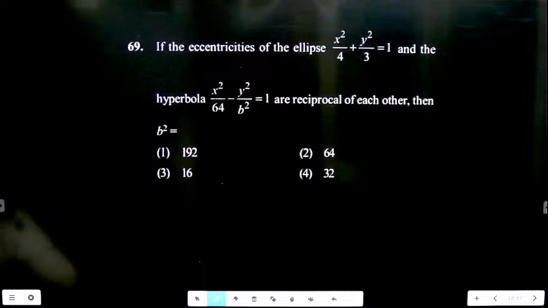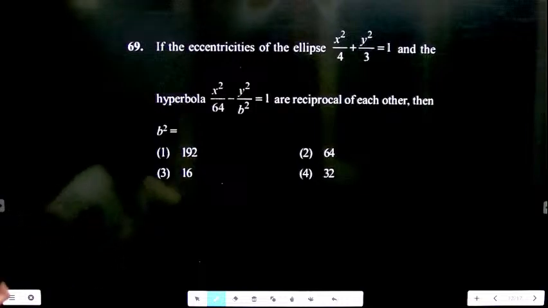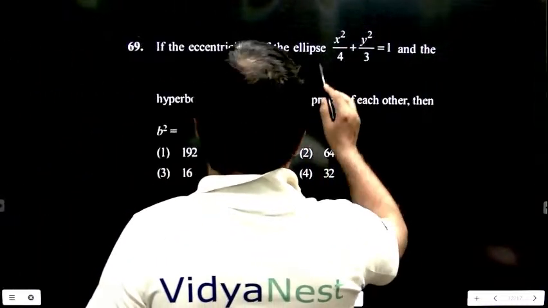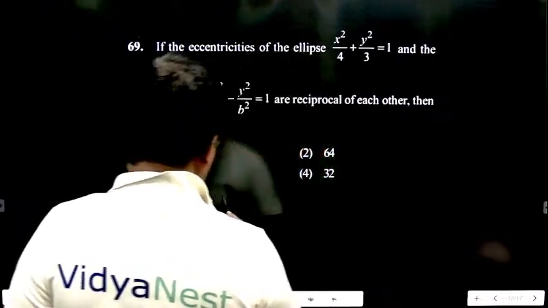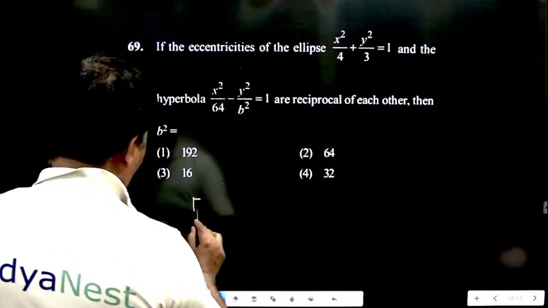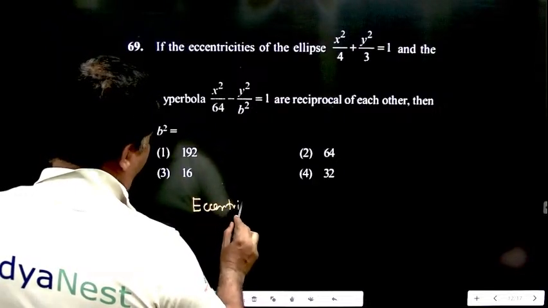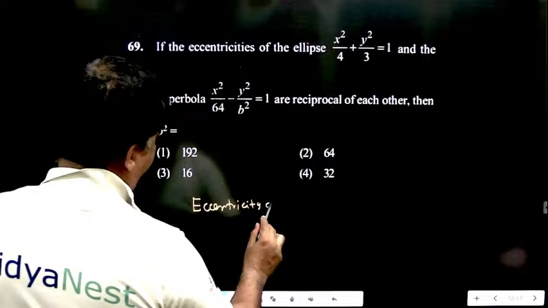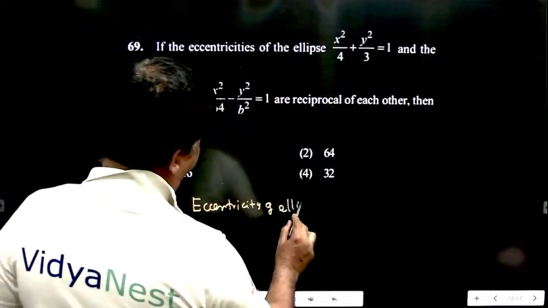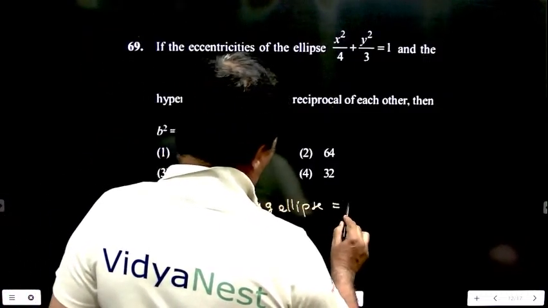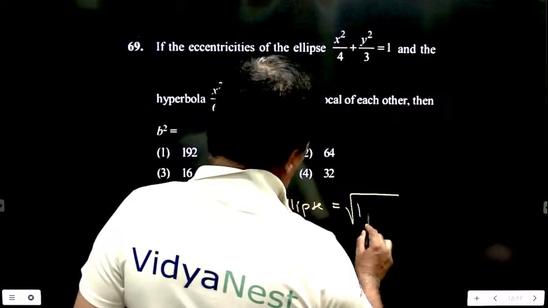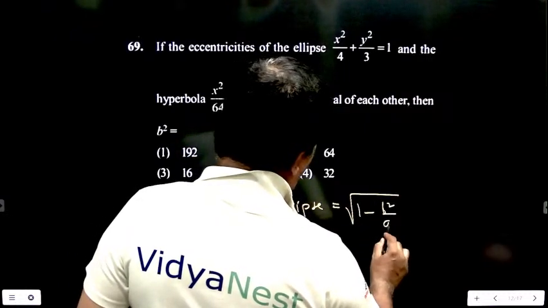See, eccentricity of the ellipse, you know. Eccentricity of ellipse is root of 1 minus b square by a square.